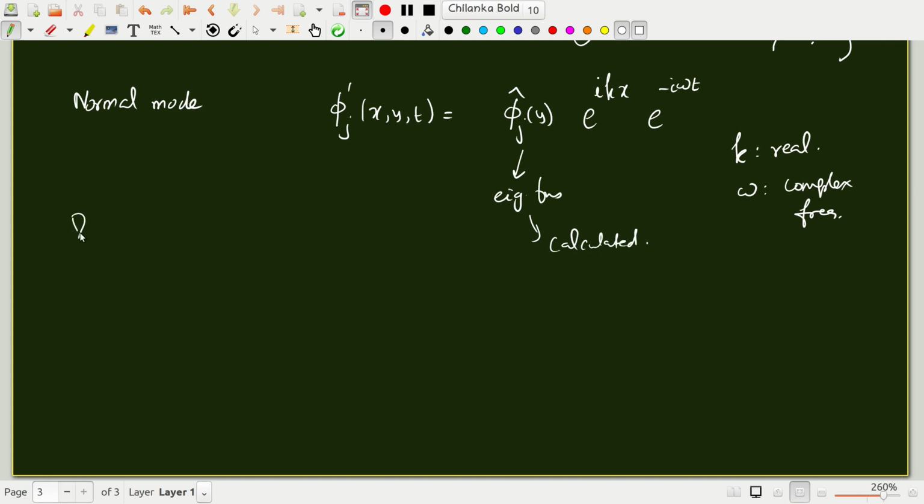So now what we have is the Laplacian of phi j prime is 0, and if I do the Fourier decomposition of this, first let me write this down. If I substitute this expression here, in the x derivative we will differentiate only this. If you differentiate once, I will get ik times e to the ikx.